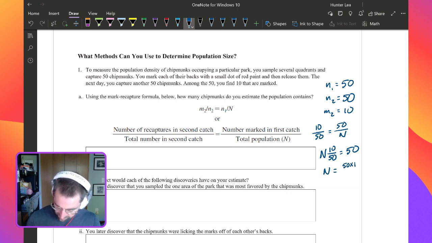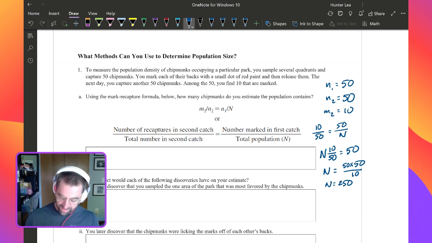We've got 50 times 50 over 10. We can plug that into the calculator, or we can do this in our head. We should get a result of N equals 250 chipmunks. 5 times 5 is 25, add 2 zeros would be 2,500, divide by 10, get rid of a 0, gives you 250.